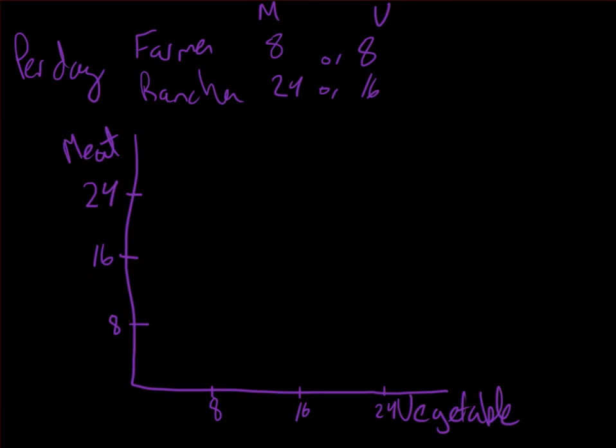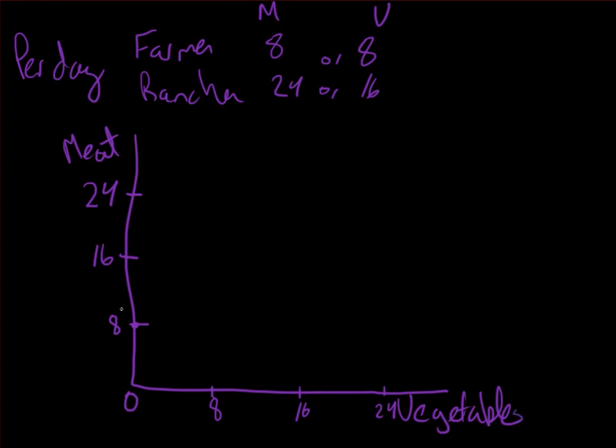So what we're going to look at here is what the production possibilities frontier of the farmer looks like. Well, one of his options is that if he sacrifices all of his time producing meat, he will produce 8 units of meat while producing 0 units of vegetables.